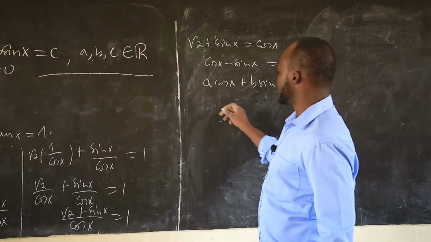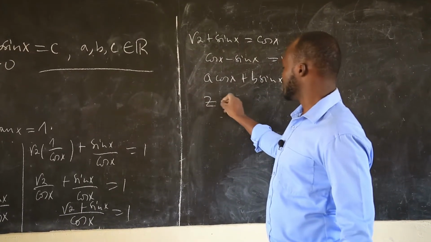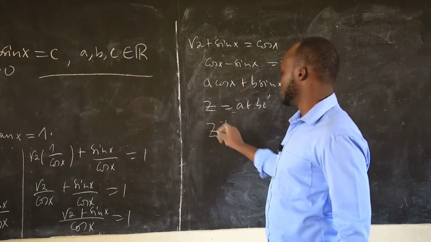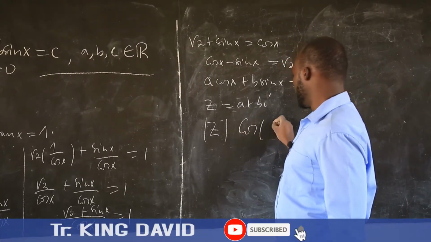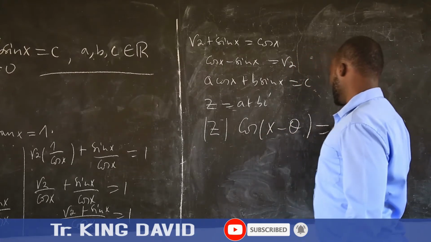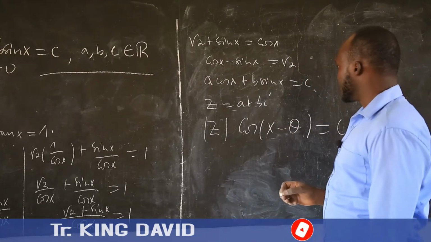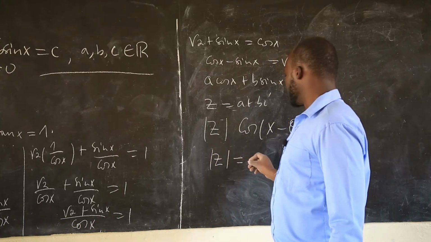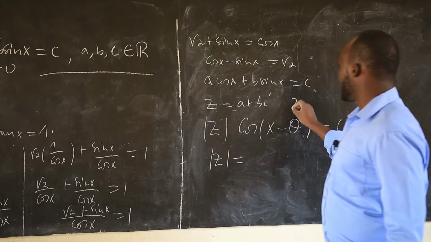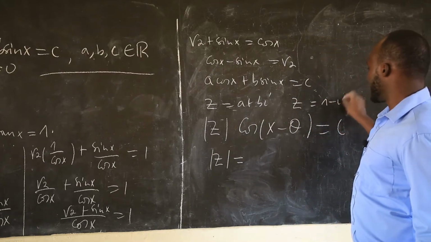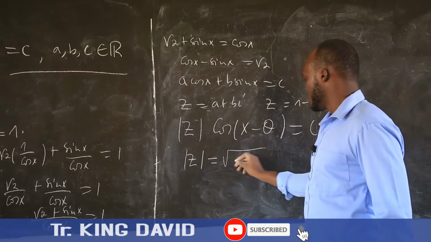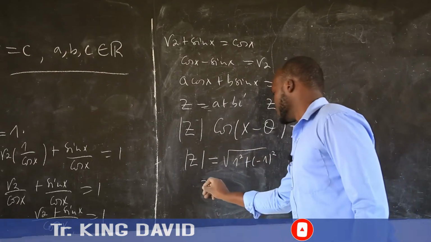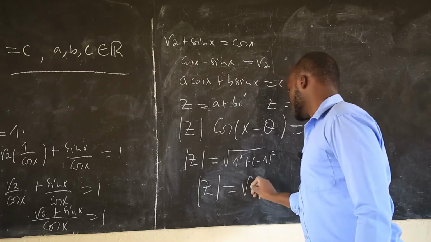When it is like this, we get Z equal to A plus Bi. Then the magnitude of Z into cos of x minus angle will be equal to C. So what will be the magnitude of Z? Our Z is 1 minus i. It will be root of 1 squared plus negative 1 squared. So the magnitude of Z will be root 2.